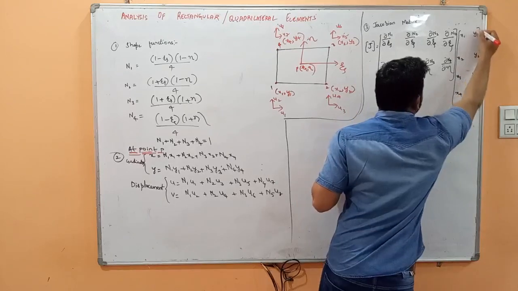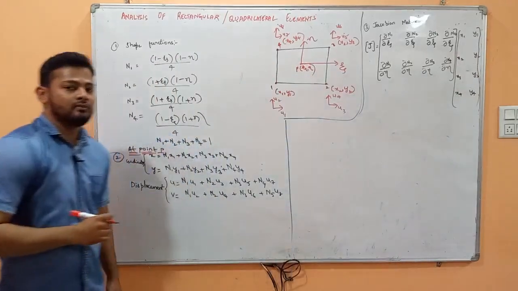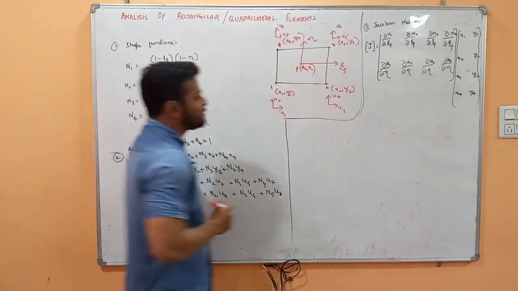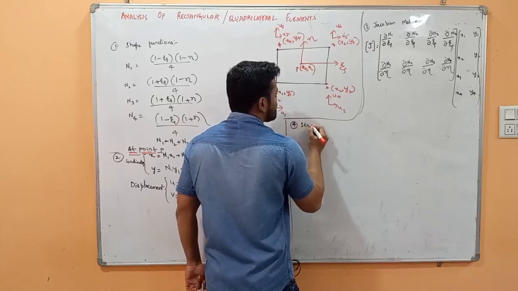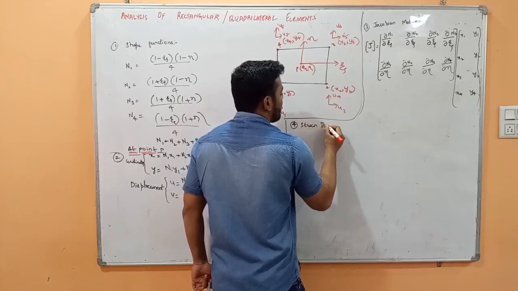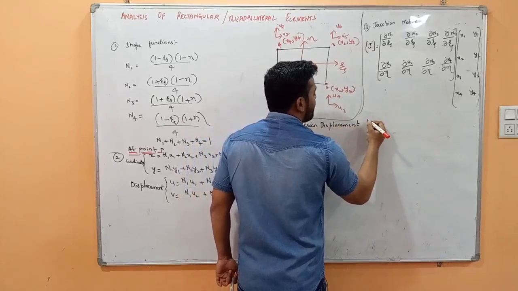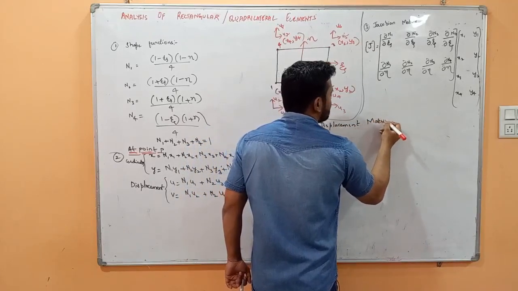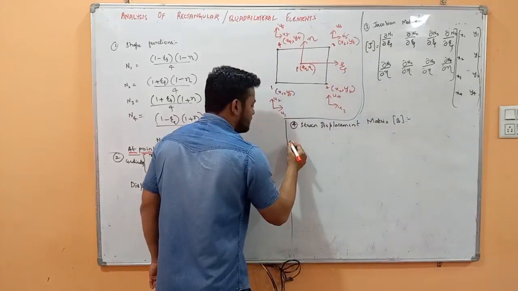So if we multiply these two matrices, we are going to get the Jacobian matrix. So the next formula is the strain displacement matrix. This formula is a bit lengthy.